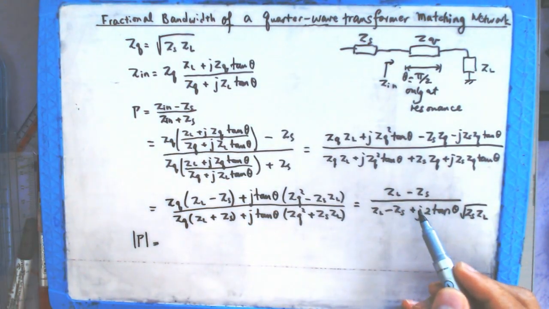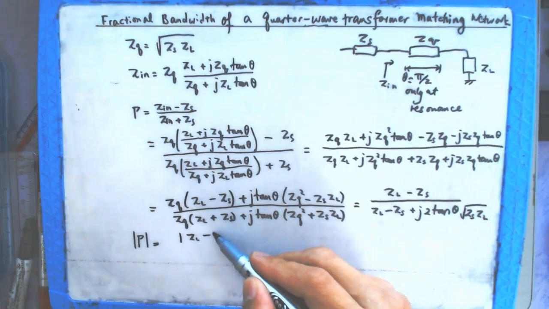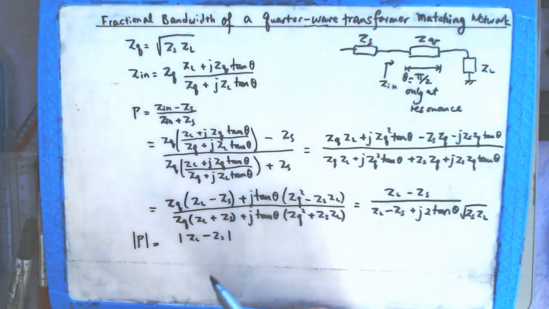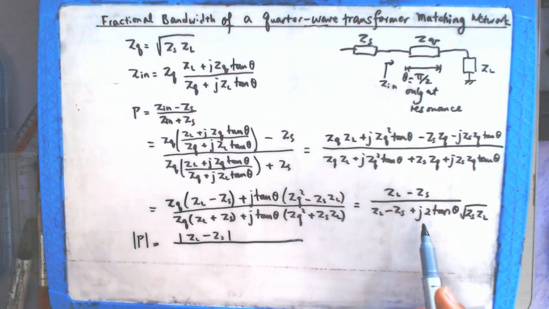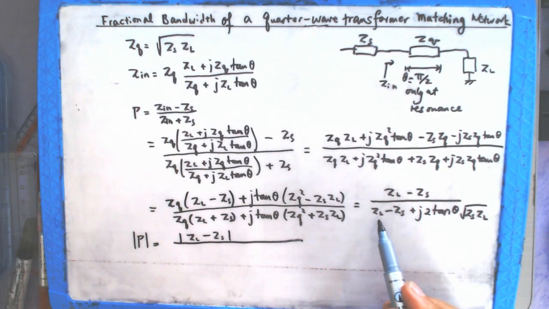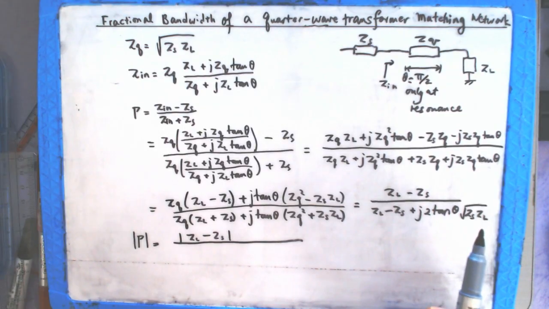So it will be the magnitude of the numerator, and at the bottom you will be assuming that the load impedance and the source impedance are real numbers.